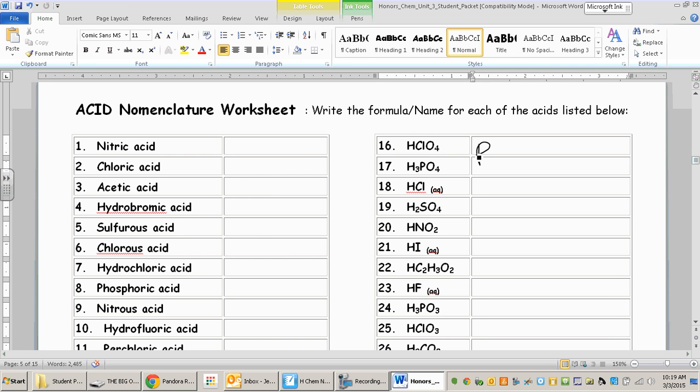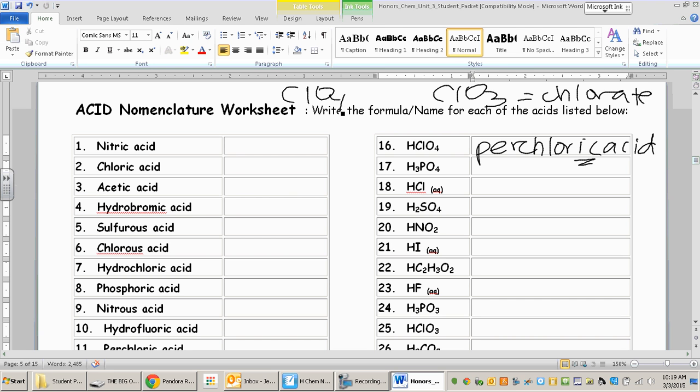So it was perchlorate, that's what the ClO4 is. Where did the per come from? Because ClO3 is chlorate, and remember when I told you had an extra O? You went up 1. That per means plus 1. It's just a prefix we went over previously.